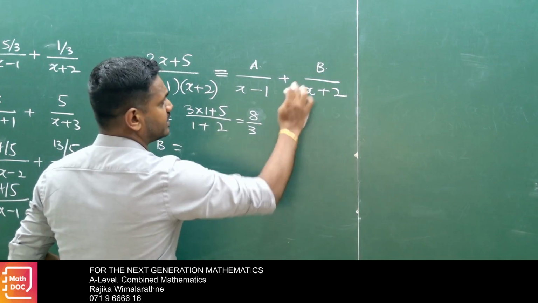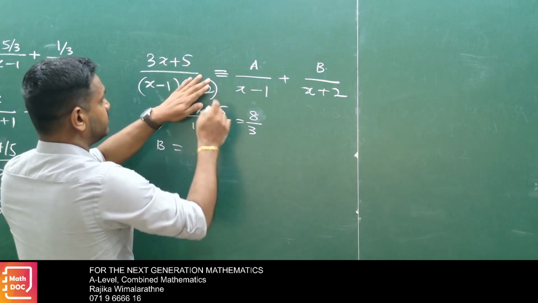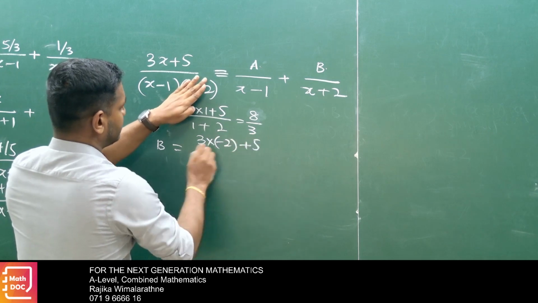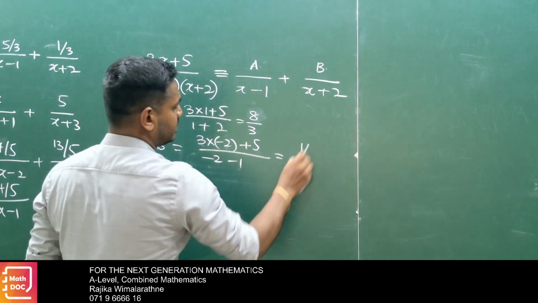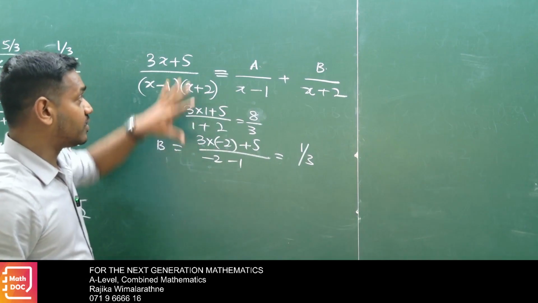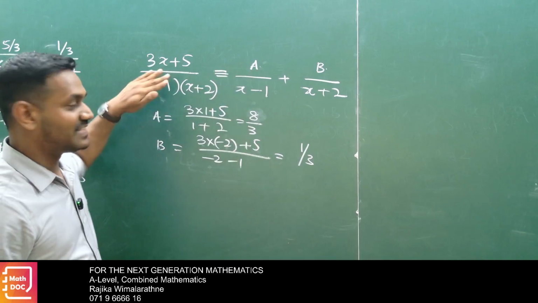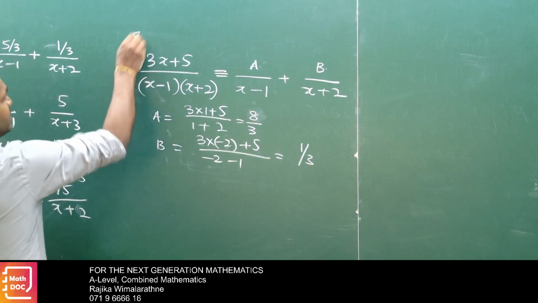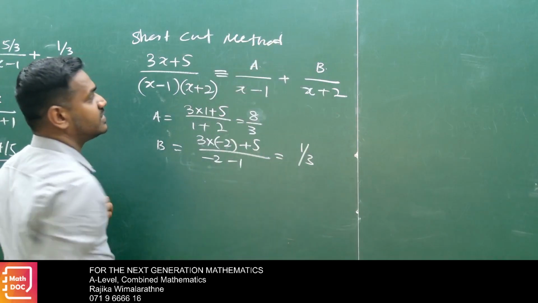You go to the denominator; the zero value of this factor is minus 2. Cover that factor and substitute minus 2 for each x value. Then minus 6 plus 5, minus 1, over minus 3, gives 1/3. Likewise, you can obtain it directly. Cover only that factor, x minus 1. Okay, do that direct technique, the shortcut method.